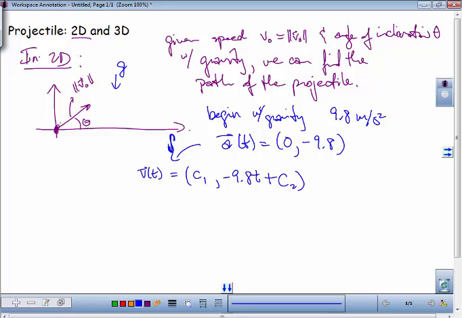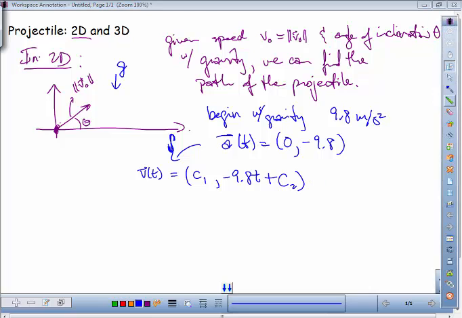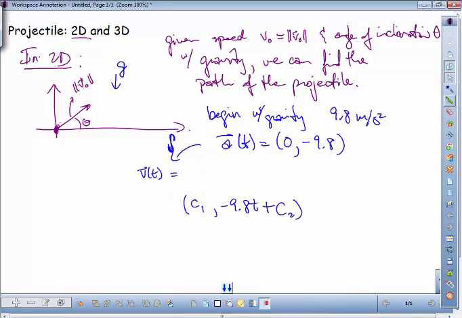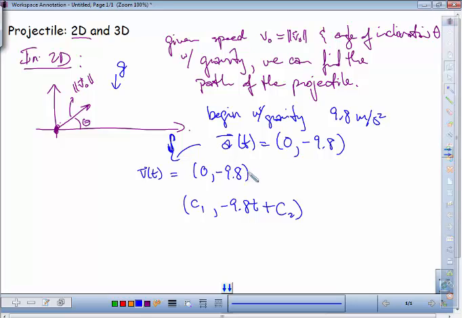Actually, I should have done this a little bit differently. Maybe I'll redo this. And there might have been a previous step over here that you might want to consider, that this is actually 0, negative 9.8 times t plus a constant vector that has a constant in x, constant in y.